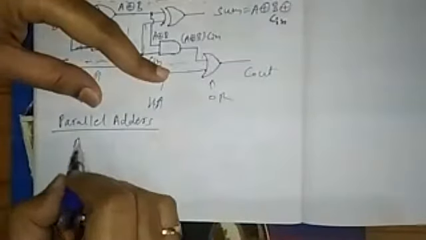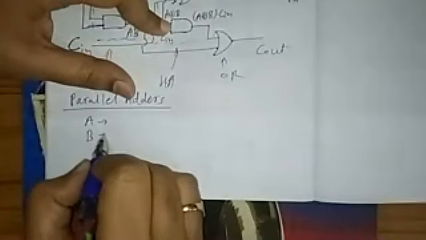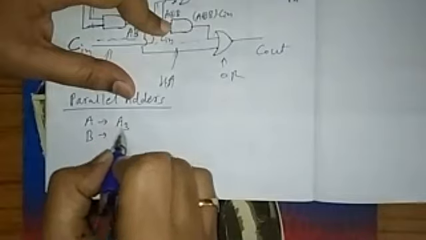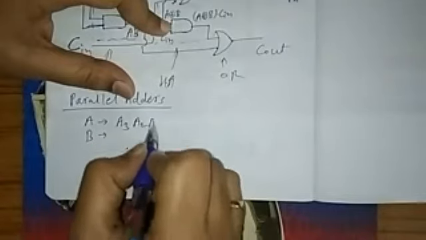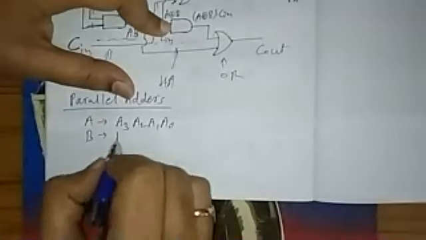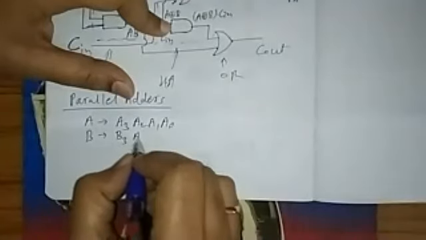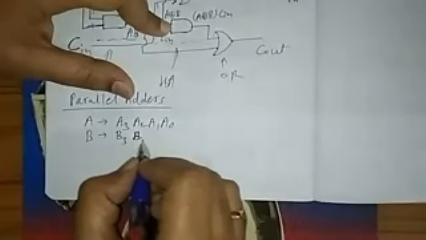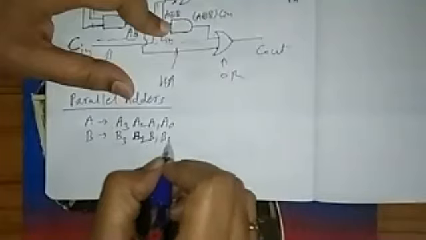In that case, A and B are the two inputs. A means A3, A2, A1 and A0, single bits, and similarly here it is B3, B2, B1 and B0.